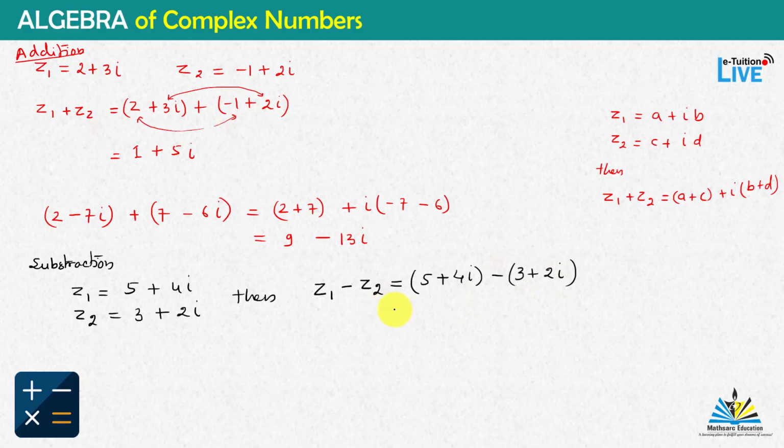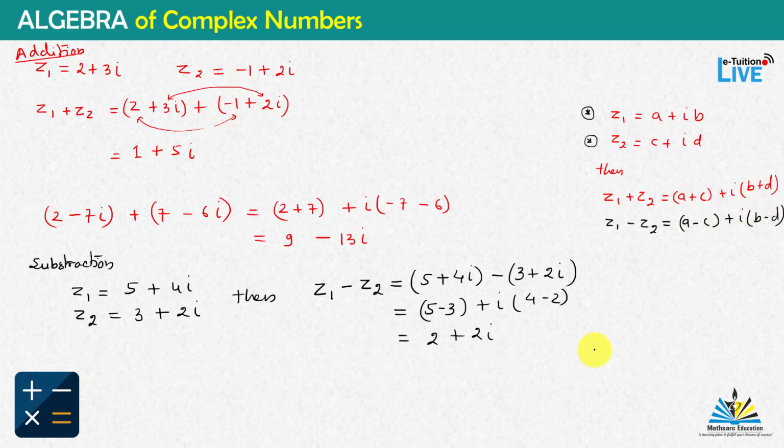So we have 5 minus 3 plus iota times 4 minus 2, that is 2 plus 2 iota. So this is the subtraction of two complex numbers. In the same way, if we have Z1 and Z2 as these two complex numbers, then again Z1 minus Z2 can be written as A minus C plus iota times B minus D.